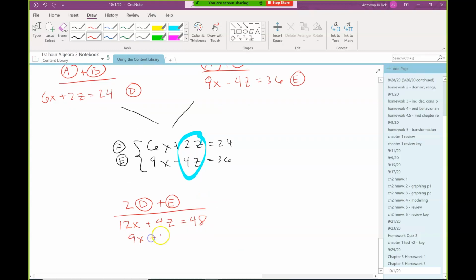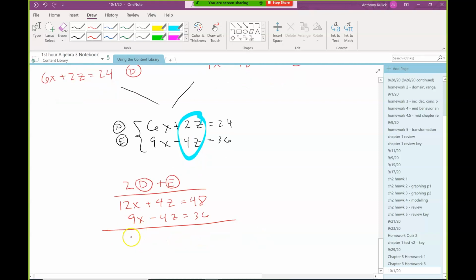And then I'll just recopy down equation E, and then we'll add those. So I'm left with 21x, the positive 4z and negative 4z cancel out, is equal to 84. And when I divide both sides by 21, I get x equals 4.